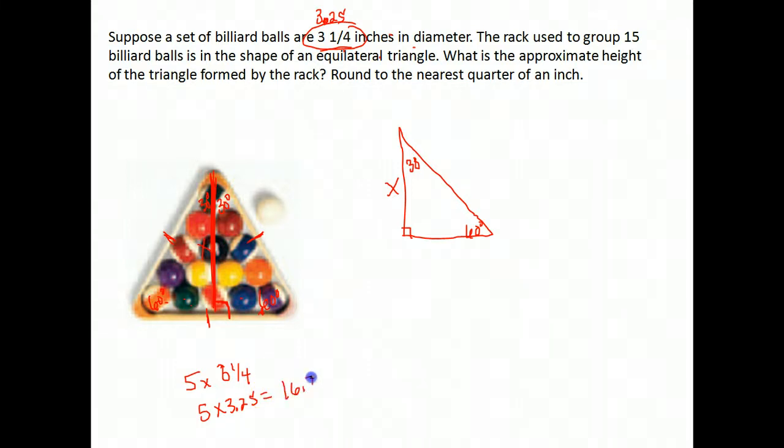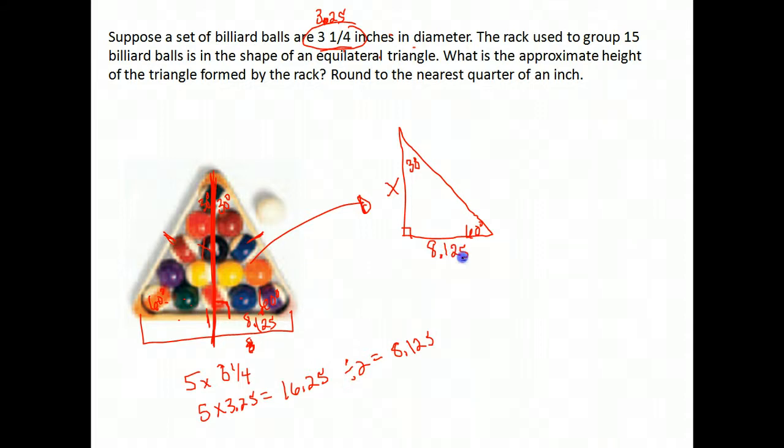So that gives me 16.25 is the length of one side from end to end on this triangle. But notice I'm only dealing with half of that side. So I'm going to now divide that by 2. And I get 8.125. Okay, so this would be right here 8.125, as would this. So over here on my little drawing, at the bottom here is 8.125.